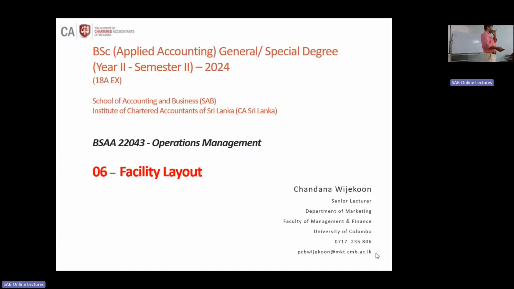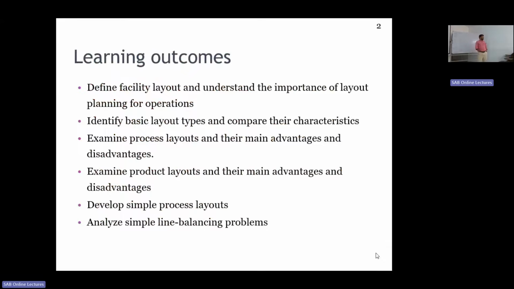Layout planning is what we are going to talk about. This may not be totally new to you, right? But we are going to discuss things in detail and with technical details.